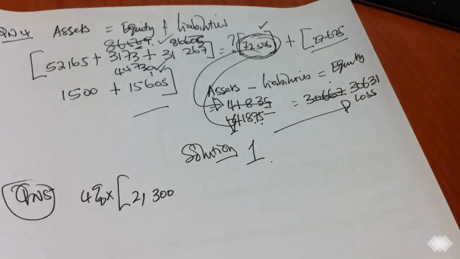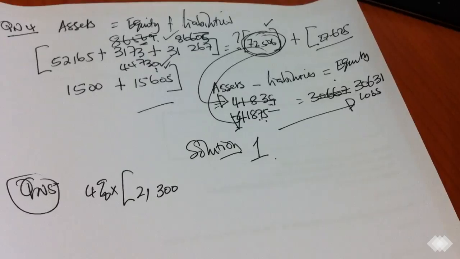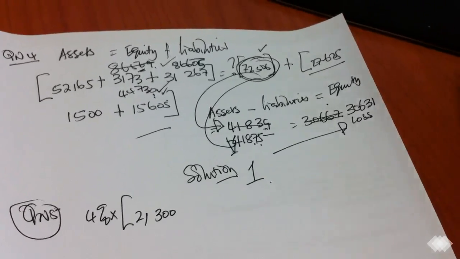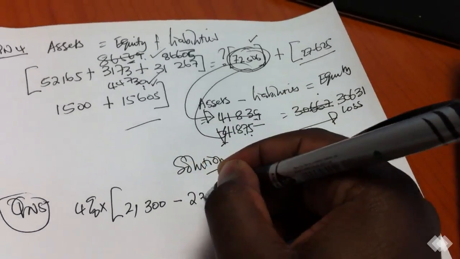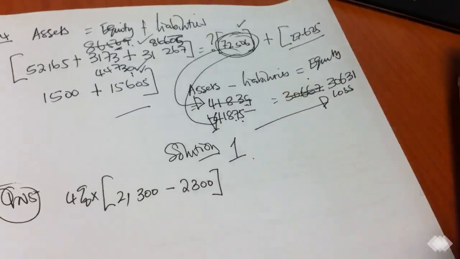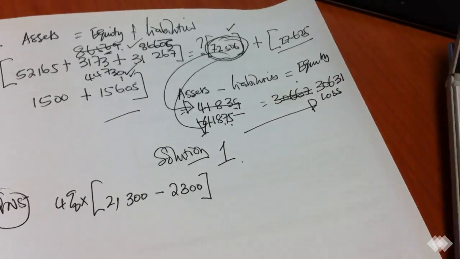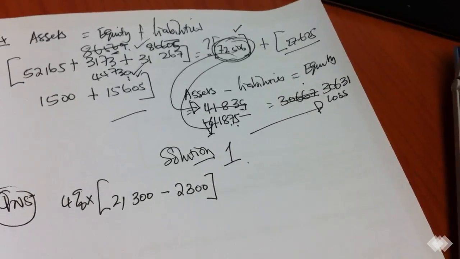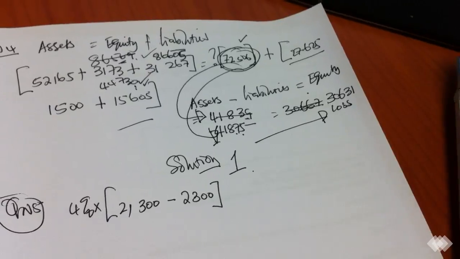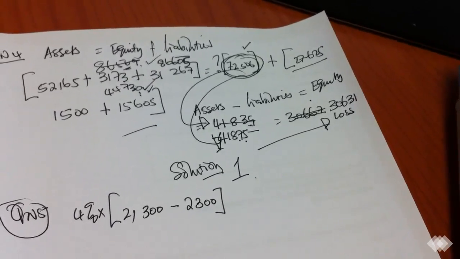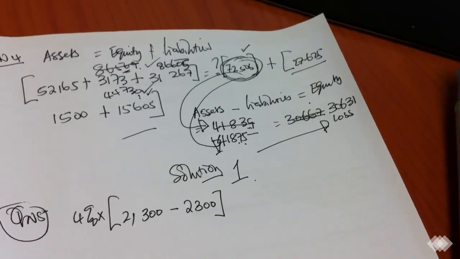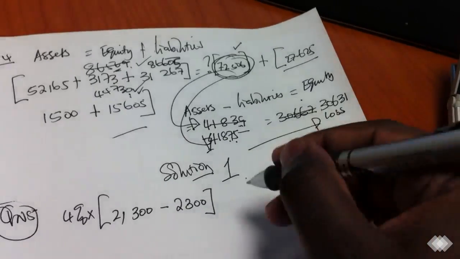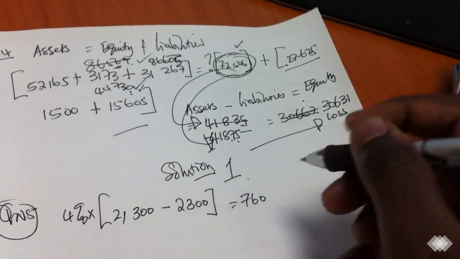But we are told there that there is a credit note for a debtor who returned. So there's a debtor who returned. It reduces our credit losses. So 2,300 minus 2,300, we get 19,000. Multiply by 4%, we get 760.